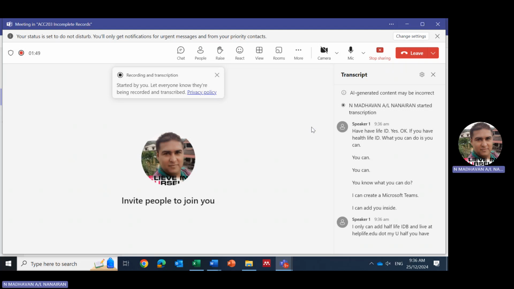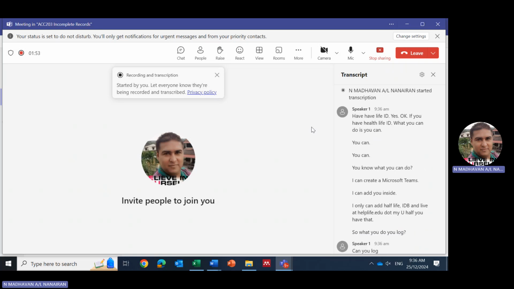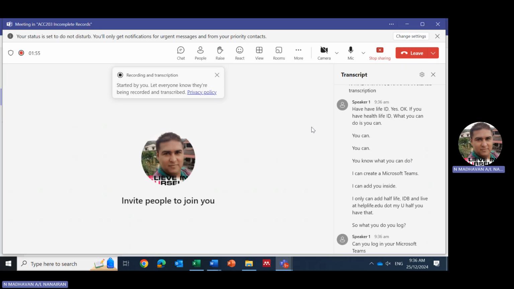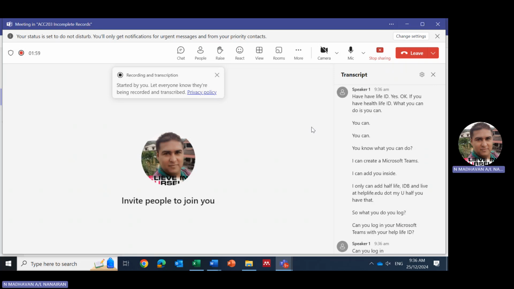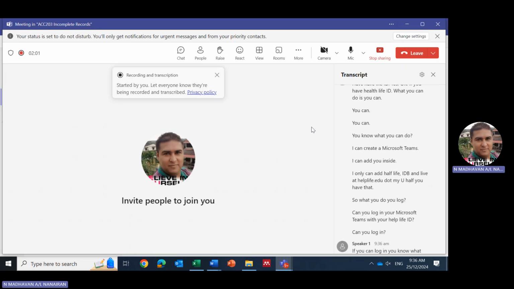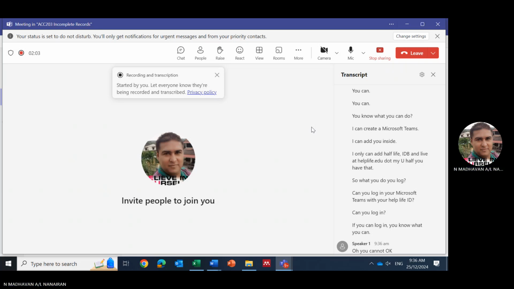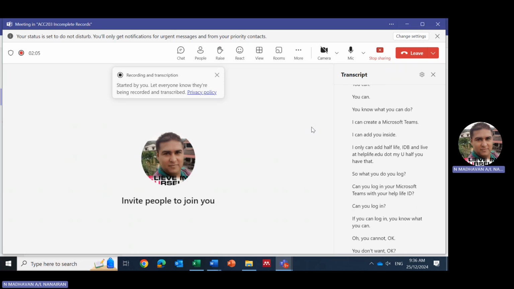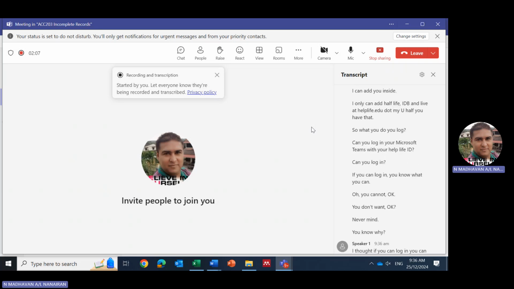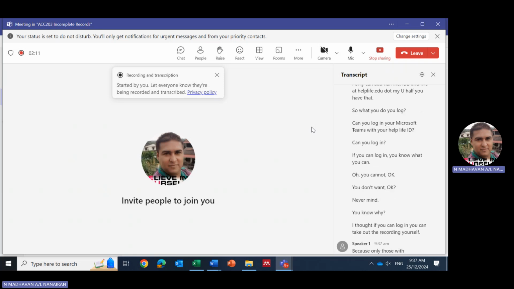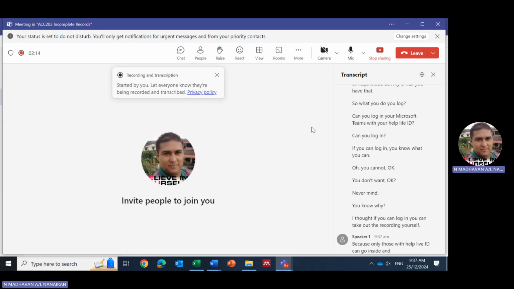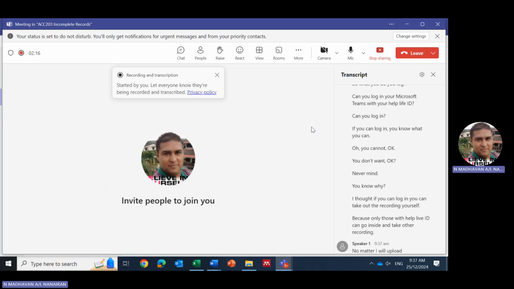Can you log in to your Microsoft Teams with your HELP life ID? Oh, you cannot. Okay, never mind. I thought if you can log in, you can take out the recording yourself, because only those with a HELP life ID can go inside and take out the recording. Never mind, I will upload. It's okay. No problem.